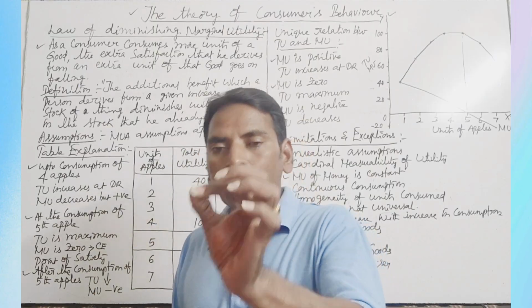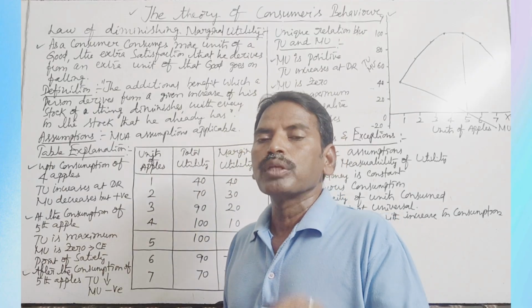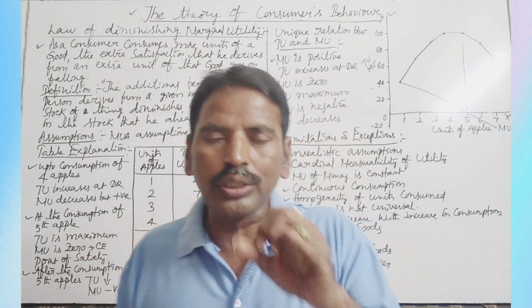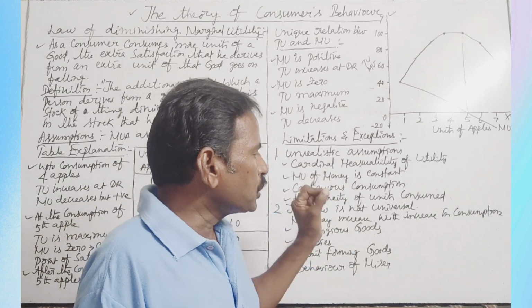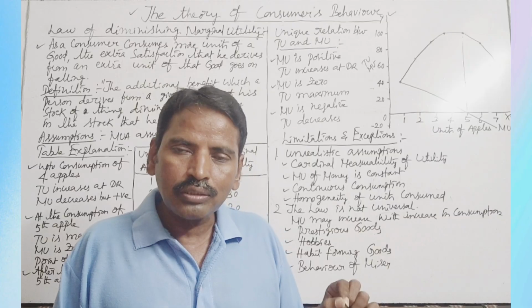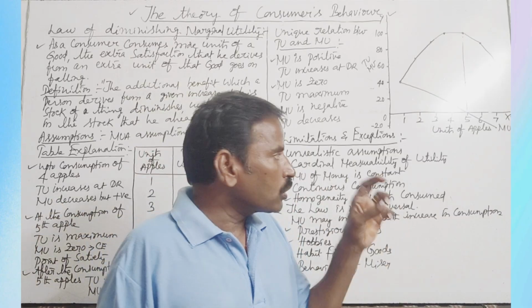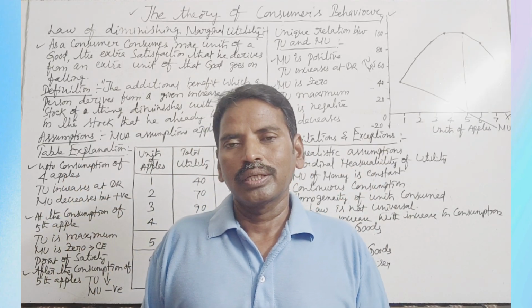Total utility is equal to a function of Qn. Total utility is equal to the sum of marginal utilities. TU is equal to MU1 plus MU2 plus and so on up to MUn. Total utility is equal to sigma of marginal utilities.